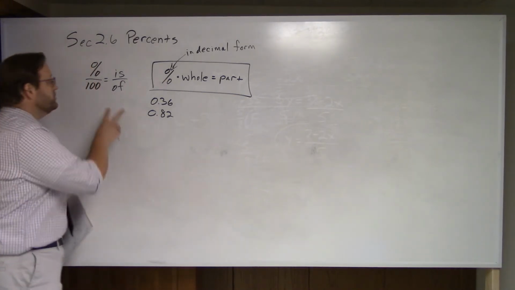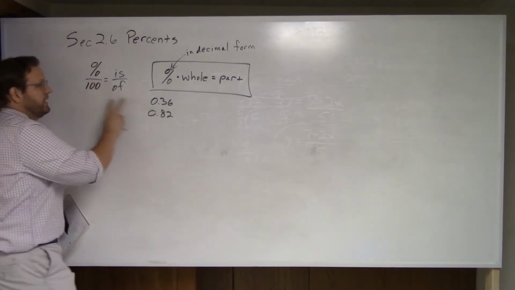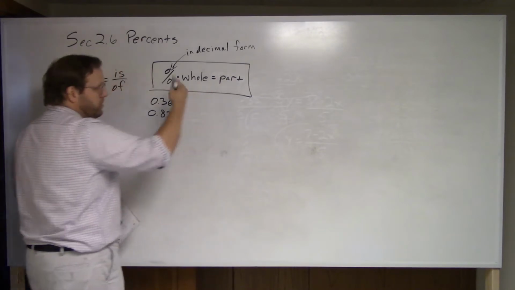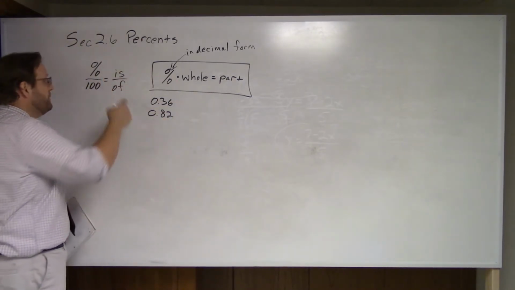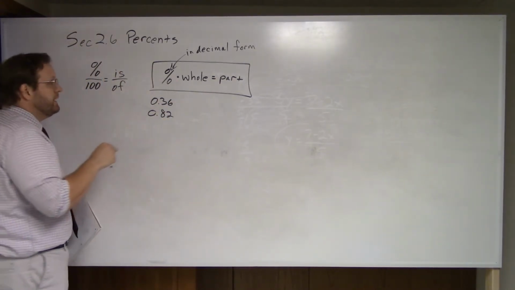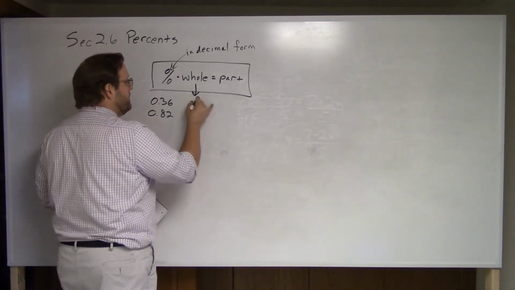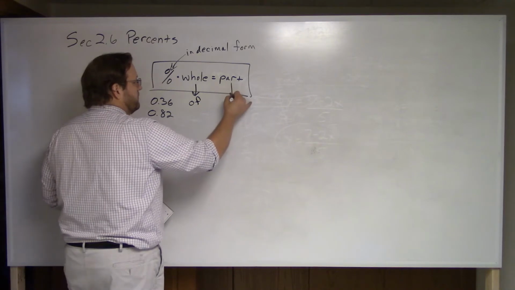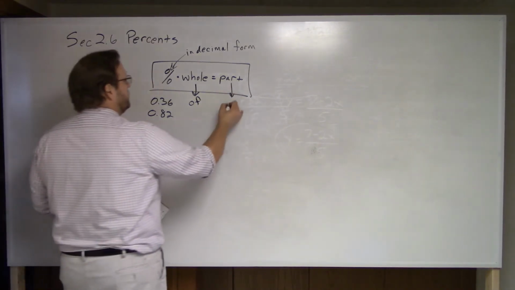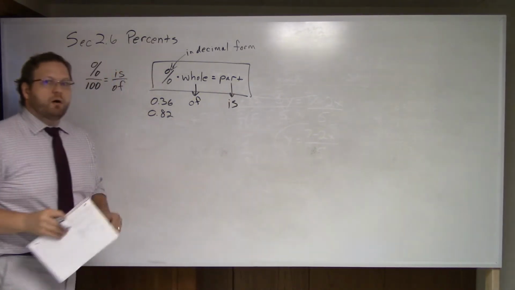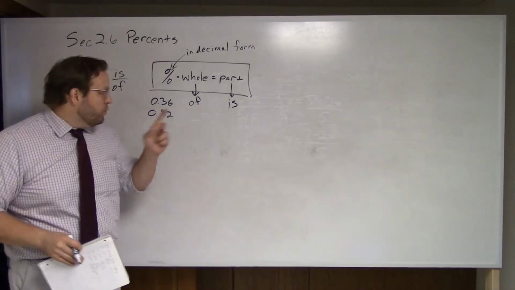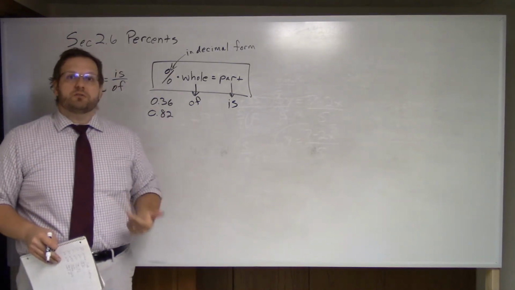Now, if you are used to this, then these two parts here, the whole and the part, can be brought back to the is and the of. The whole part of the problem is going to be the of part, and the part of it is going to be the is. Now, one thing I want to be very clear on is what that does is it creates a translation.